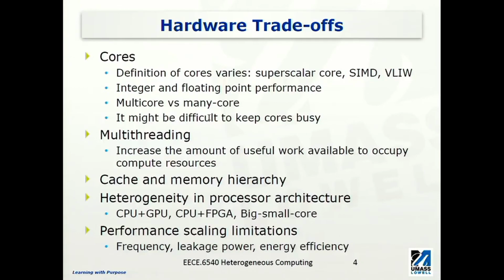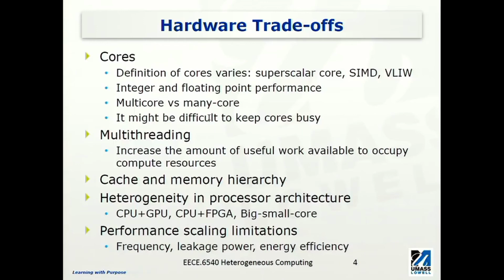Also, cache and memory hierarchy are important design options: how many levels of cache, and what are the sizes of each level of cache. Heterogeneity is becoming more popular in modern processors.